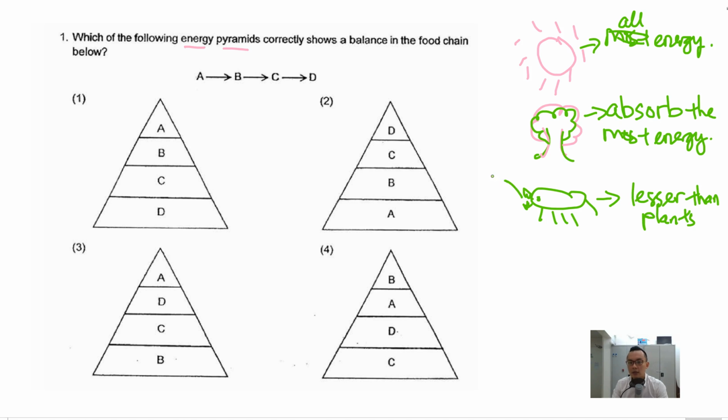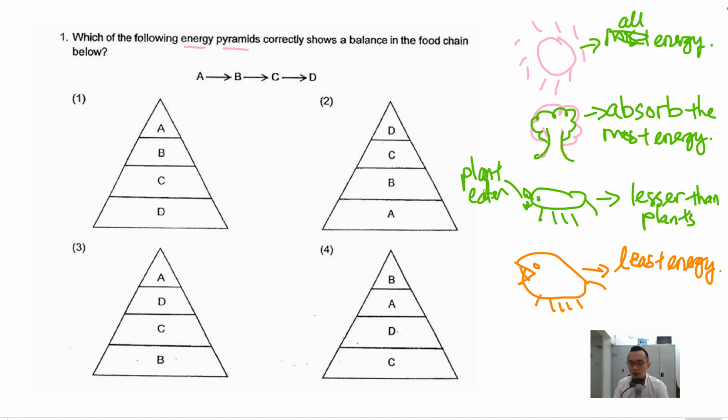So this is actually a plant eater. And then let's draw an animal eater with a big mouth, sharp teeth, eyes, tail, and forelegs. Now, this will be the least energy. So they will absorb the least energy from the sun.